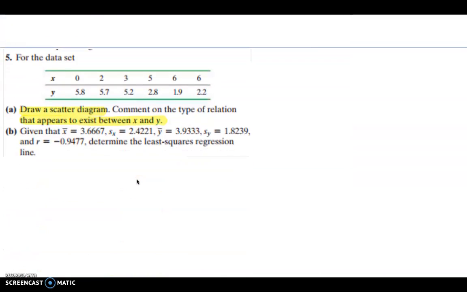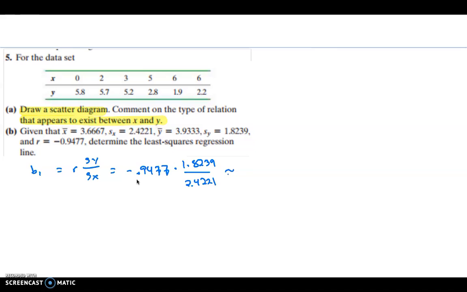So first we need to find B1. And again, B1 is R times S sub Y over S sub X. And this is going to be negative 0.9477 times 1.8239 divided by 2.4221.